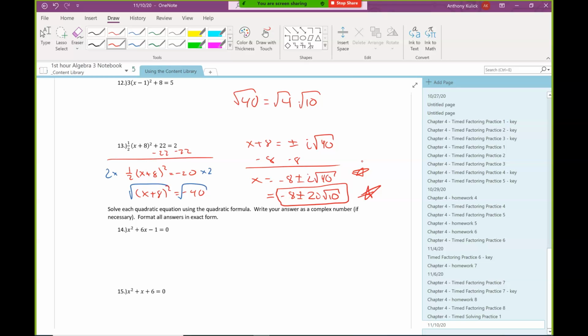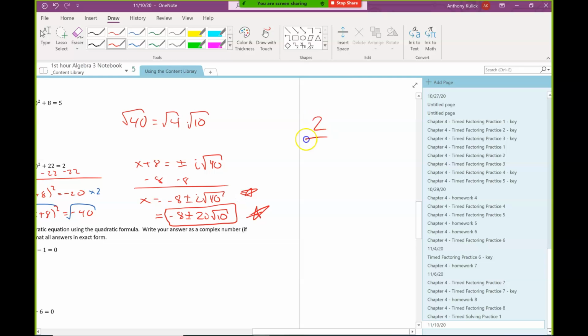So if you turn those into decimals, they're actually the same decimals. So it's like if I have 2/4, usually we would want to write that as 1/2, right? We consider 1/2 simpler than 2/4. If I have the square root of 40, the simpler way to write that is 2 root 10.